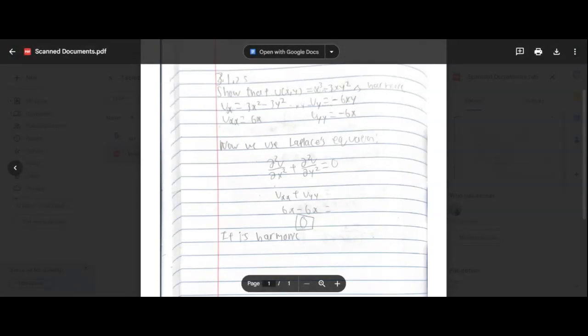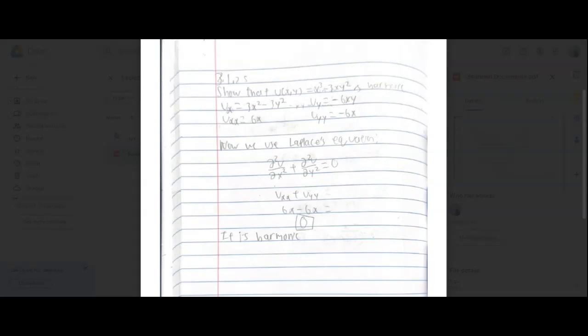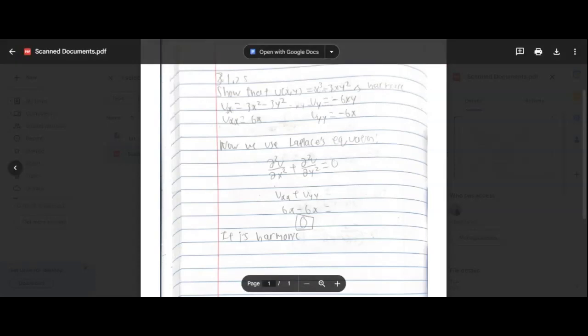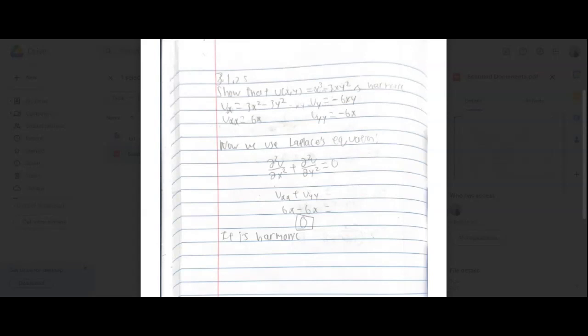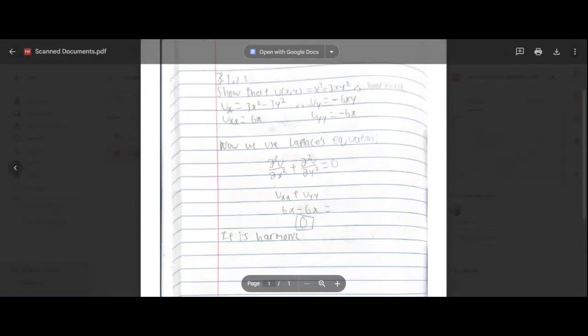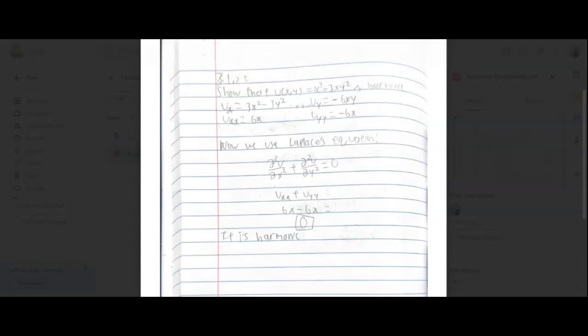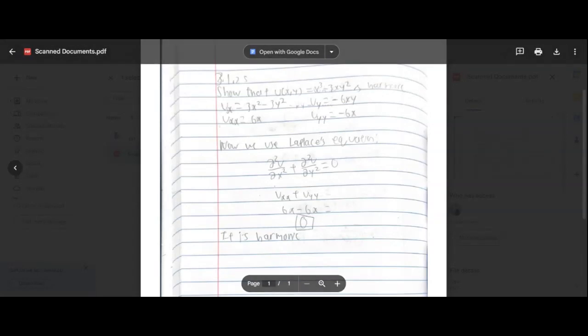On the right, we do the y partial derivative. We immediately get negative 6xy because x to the third is a constant, so we get rid of it. And doing the partial again gives us negative 6x. Of course, adding them together gives us 0, showing it's harmonic, which the question asks us to confirm.